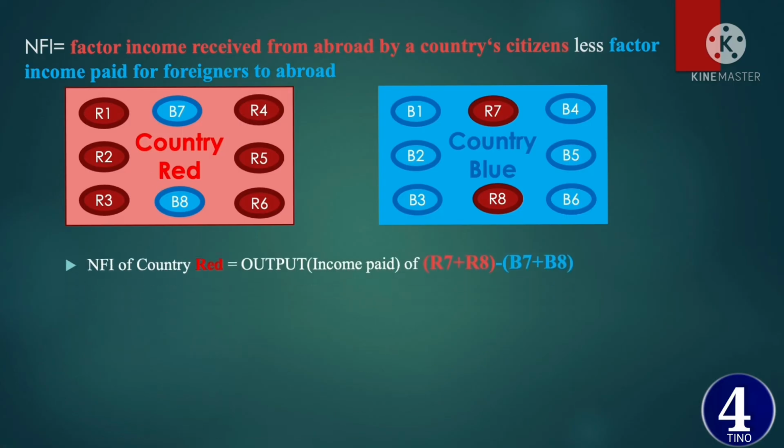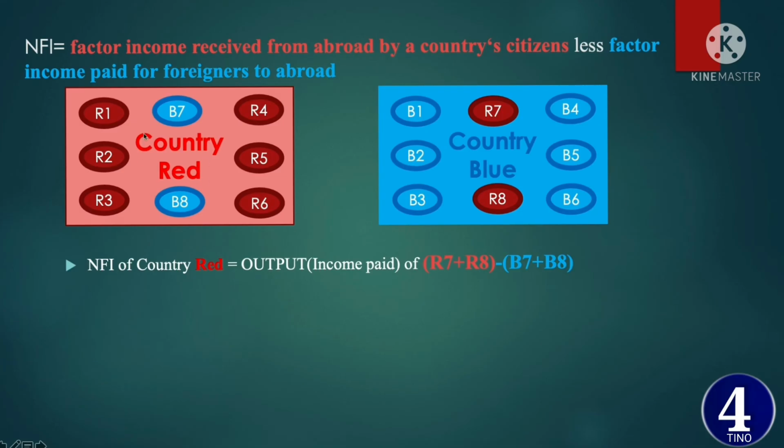So in order to calculate NFI of country red, in order to calculate NFI of our country, we will add the outputs of our citizens in the country blue, R7 and R8, but minus the foreigners' production inside our country.